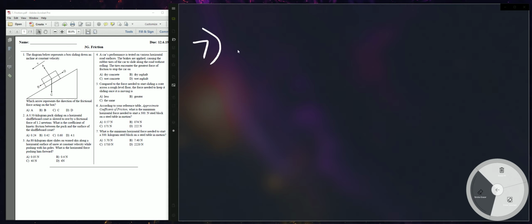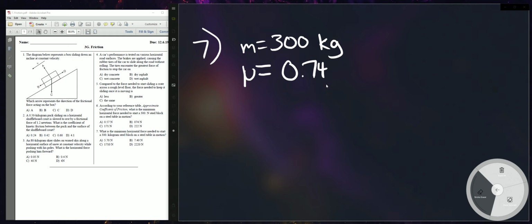Number 7. What is the minimum horizontal force needed to start a 300 kilogram steel block on a steel table? The mass is 300 kg. That's not the weight this time. The coefficient is 0.74.